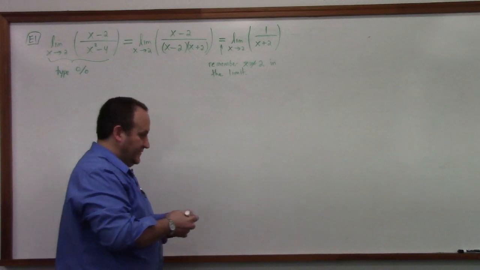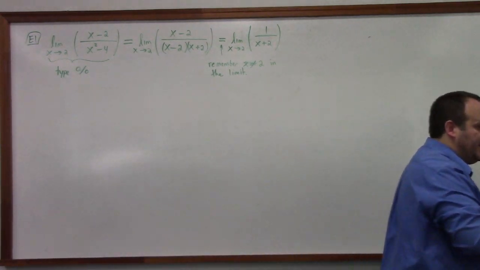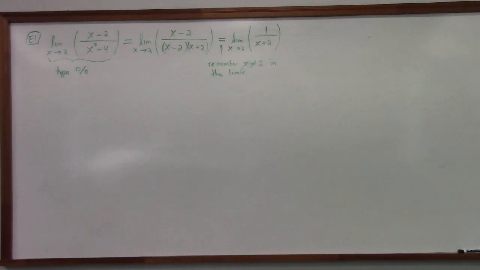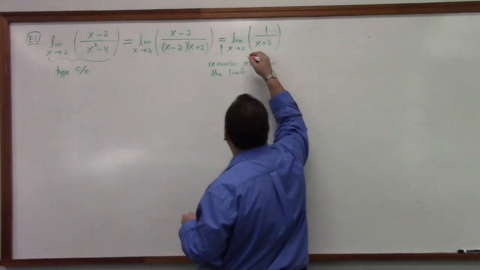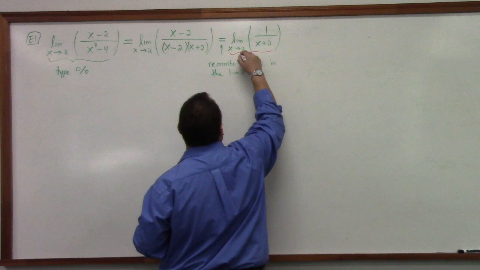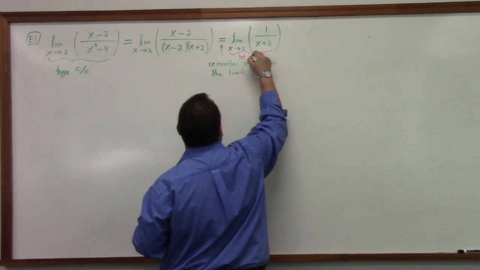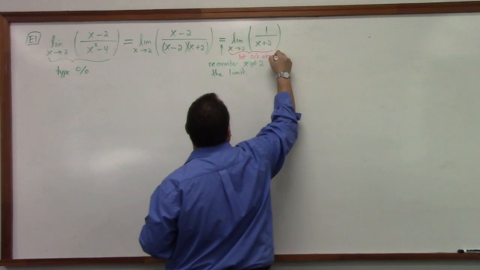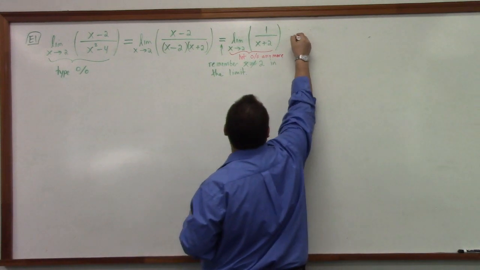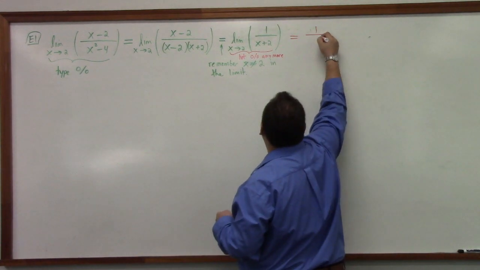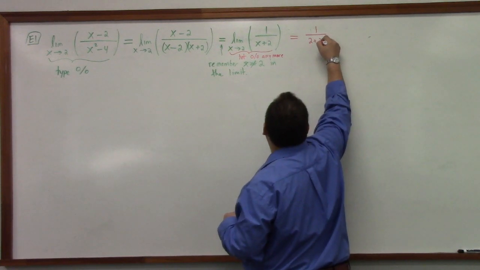And now, see what's happened? What kind of limit do we have now? So this is no longer type 0 over 0, right? Not 0 over 0 anymore. And you say we just plug it in, right? Which is 1 over 2 plus 2, which like you said is 1 over 4.